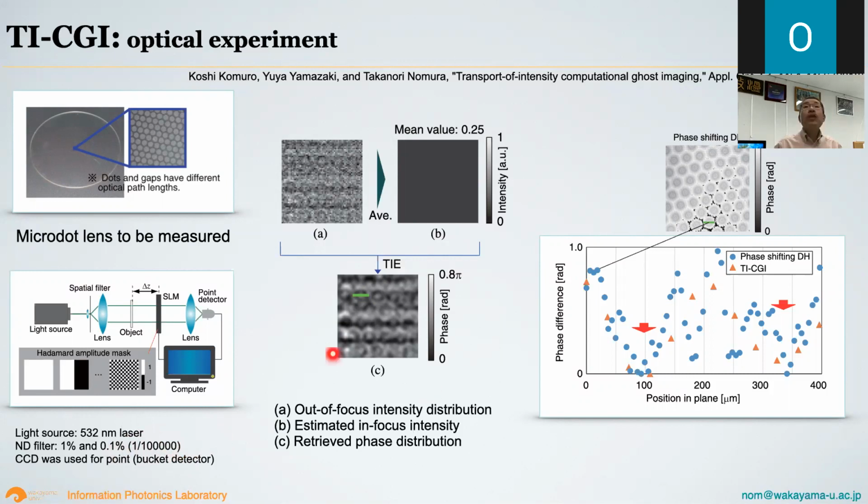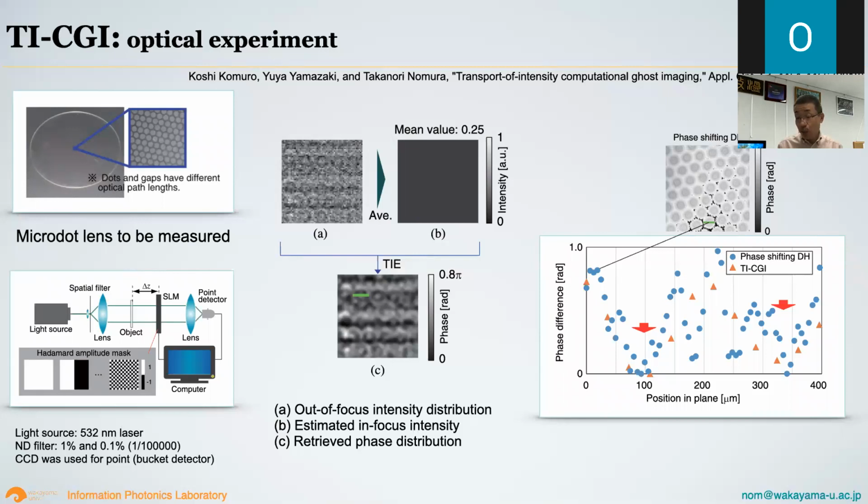So we retrieve the phase distribution using this one and the virtual in-focus intensity distribution. The cross section is shown here. The orange triangle denotes the TI-CGI. To compare the phase differences, we measured the phase information using phase shifting digital holography, this one.